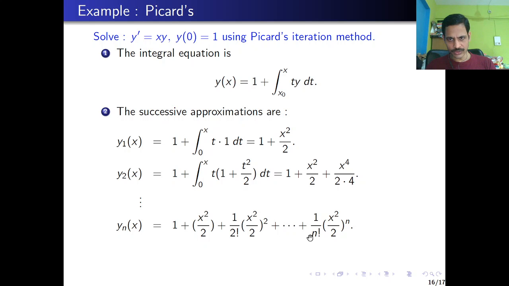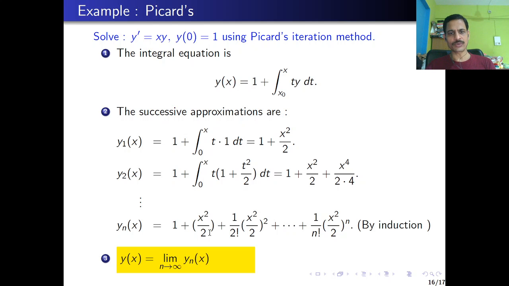So from this solution, it is clear that the solution is the exponential function raised to x square by 2. When you take the limit, it is nothing but the exponential function, and in place of the variable you have x square by 2. So e raised to x square by 2 is the solution that we get by Picard's iteration.